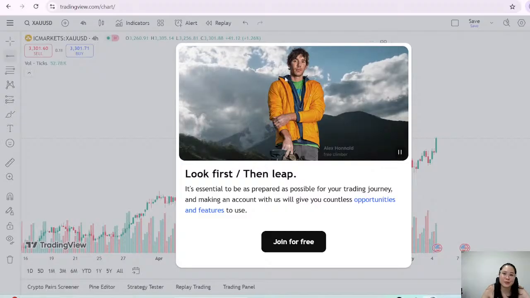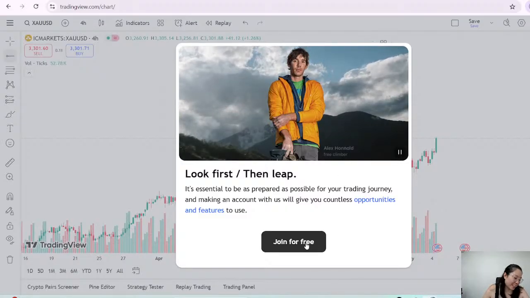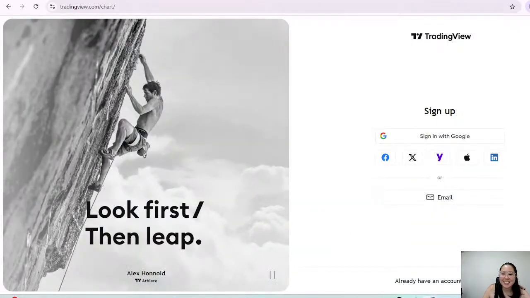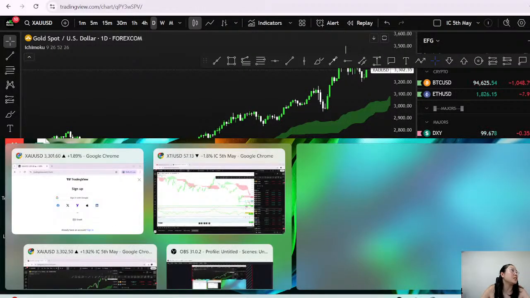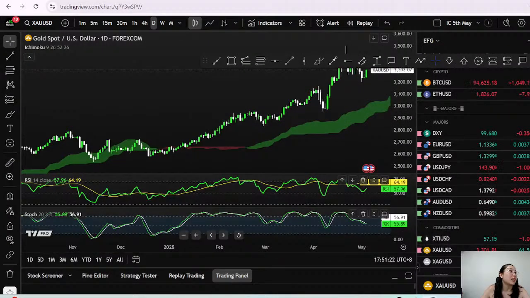Oh my goodness. It's asking me to log in. Okay, I'm sorry guys, just give me a sec because I didn't use IC Markets TradingView because I don't want to change their settings. So I'm using my own TradingView. So let me log into my own TradingView.